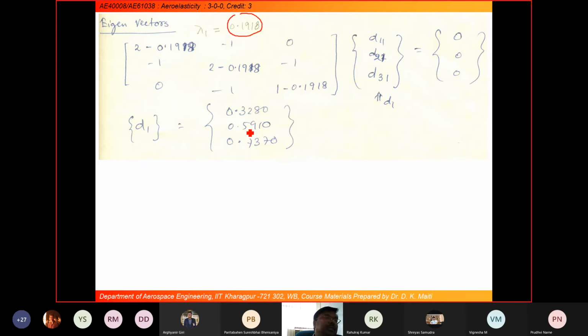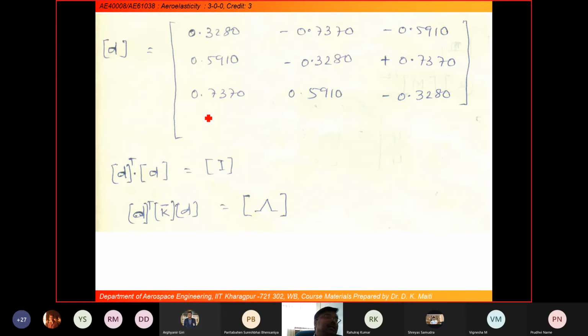So this d1 is coming as 0.3280, 0.5910, 0.7370. Similarly, I get the other two vectors, and arranging them, I get this equation and this modal vector. With this transformation, d transpose into d should be equal to the identity matrix.